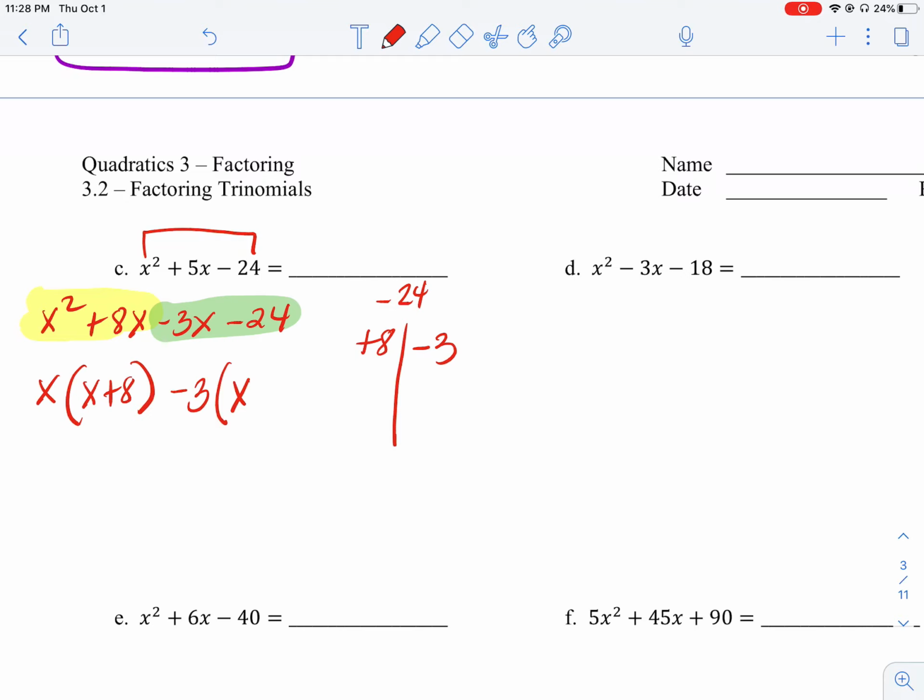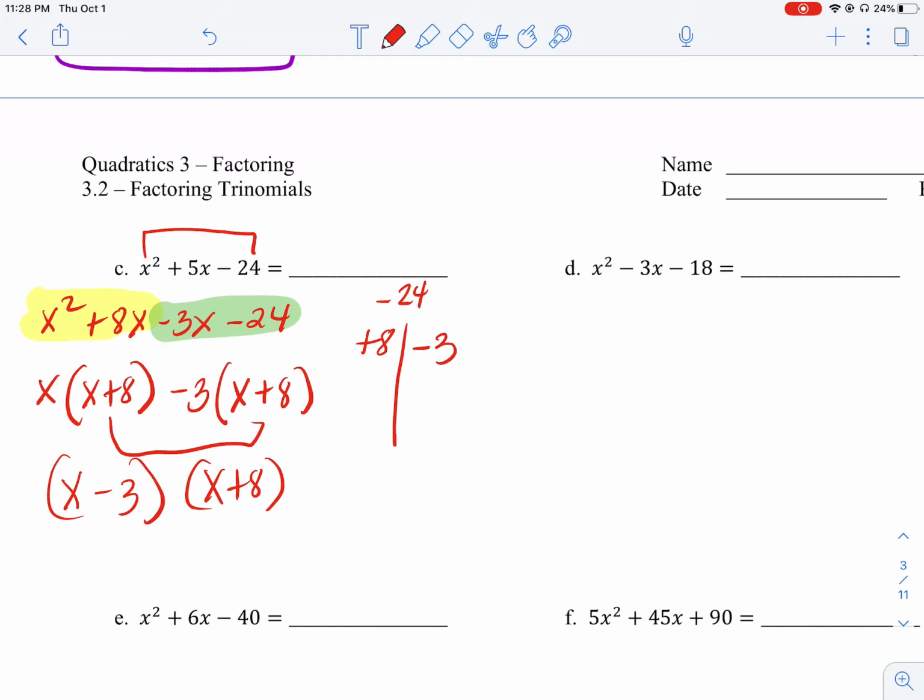So you're going to have a plus 8, because again, you're dividing both of them by negative 3. Divide this by negative 3, you'll get an x. Divide that by negative 3, you'll get a positive 8. So you have x plus 8 in common. So you just put that together, and then you put the x minus 3 together. So the factored form would be x minus 3 and x plus 8.